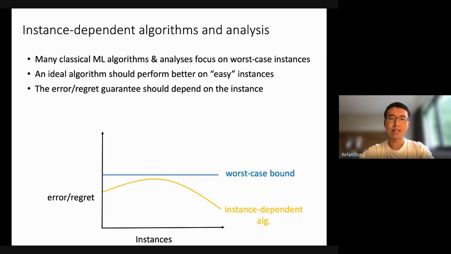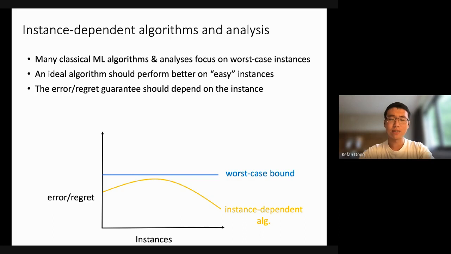Now, we can visualize this in the following figure, where the x-axis denotes the instances, and the y-axis is the error or the regret of the algorithm. Now, the worst case bound just tries to find a single value that upper bounds the error or the regret across all the instances. So it is a constant function in this figure.